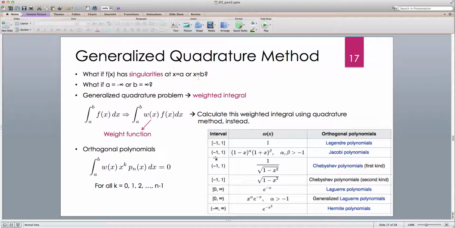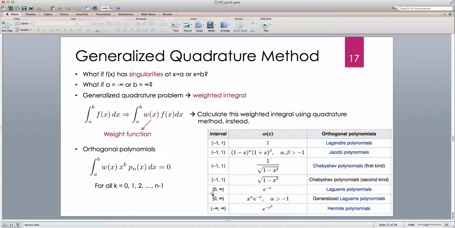But if f of x has singularities at both endpoints, then we can use Jacobi polynomials. Or another type is Chebyshev polynomials of the first kind. All right. Even if the function doesn't have any singularities, we can still use the Chebyshev polynomials of the second kind. It's still fine. We can find the weights and the quadrature points.